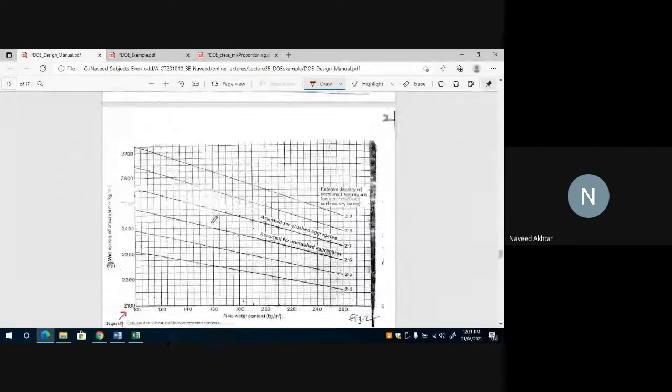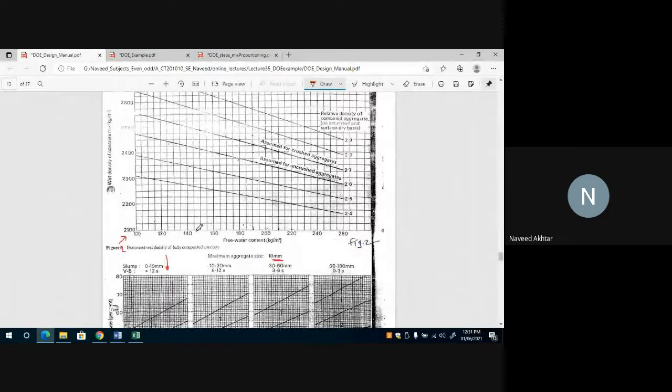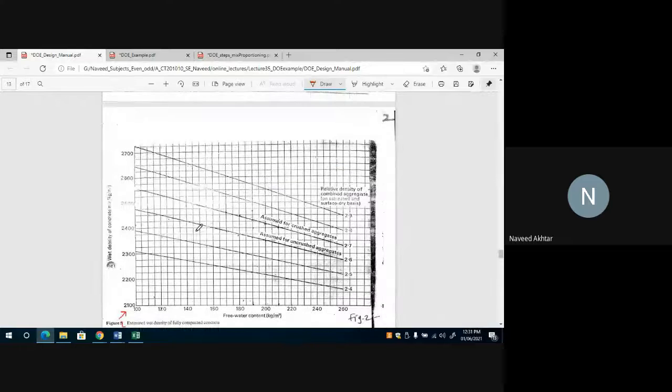So now we'll come to graph number 2. This is graph number 2. The free water content is 160. In our case, this is the 160 value. And our specific gravity is 2.65, so I will draw a line in between 2.6 and 2.7 at 2.65.